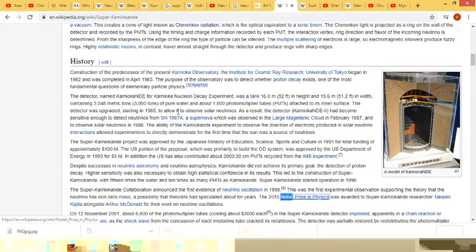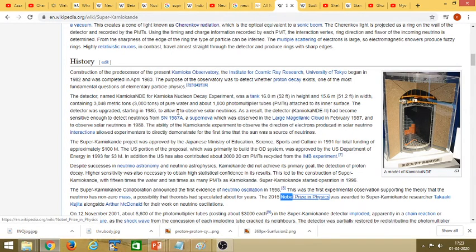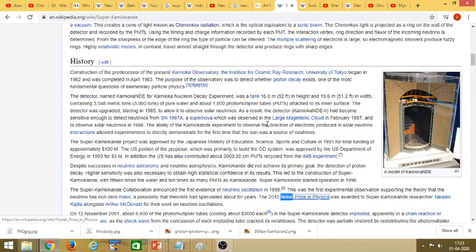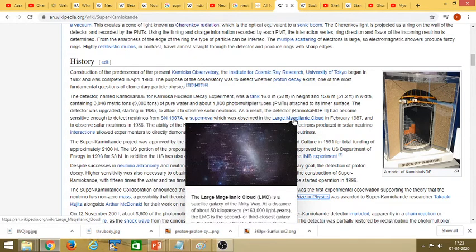So it observes solar neutrinos, and also it observed neutrinos from a supernova in the Large Magellanic Cloud, which is a satellite galaxy of the Milky Way.